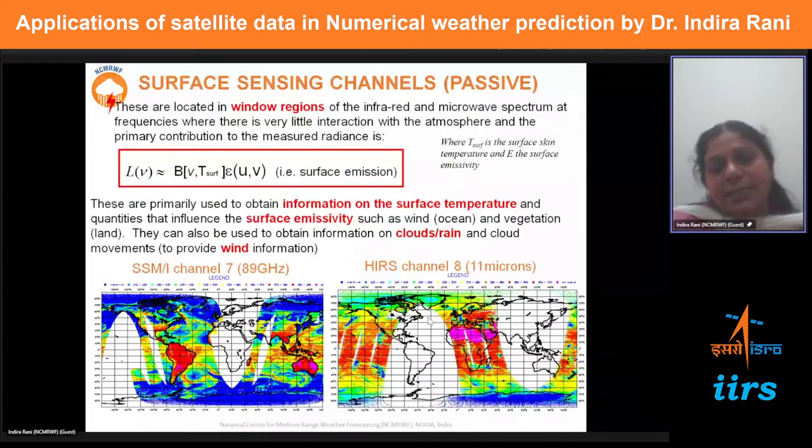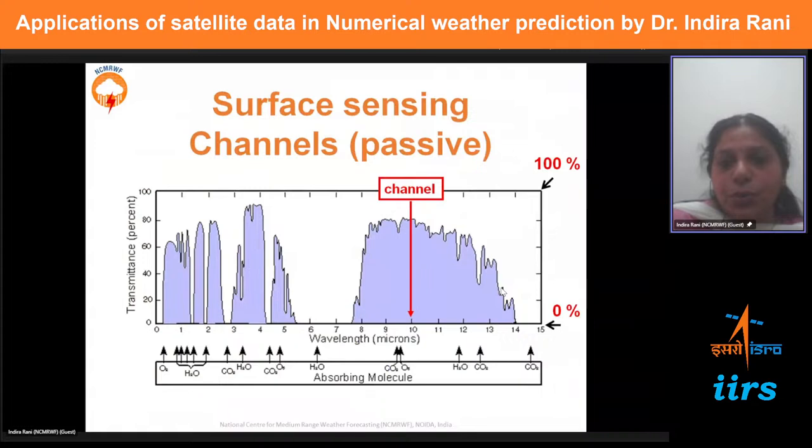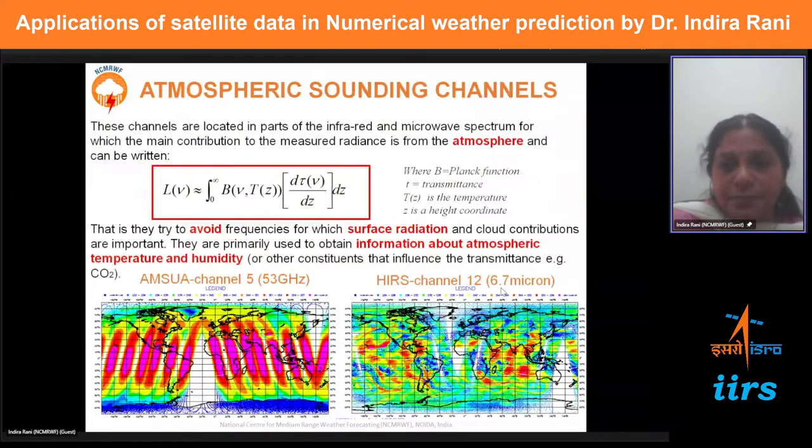Examples of passive surface sensing channels are the SSMI channels. So channel 7, it is at 89 gigahertz, in the microwave region. And similarly HIRS channel 8, it is at 11 microns. If you remember in the previous slide, I showed you that HIRS channel 12, that is 6.7 micron, is an atmospheric sounding channel.